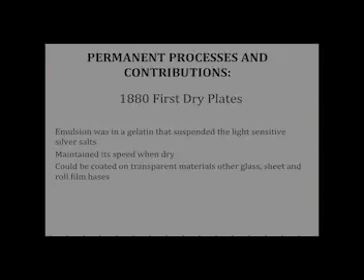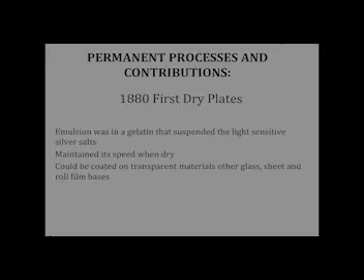So as we continued to move on, in 1880 we developed the first dry plates. Okay, the emulsion is put in gelatin, and the gelatin hardens, but once it gets in water, it softens, and the chemical can go to work on the silver nitrate.